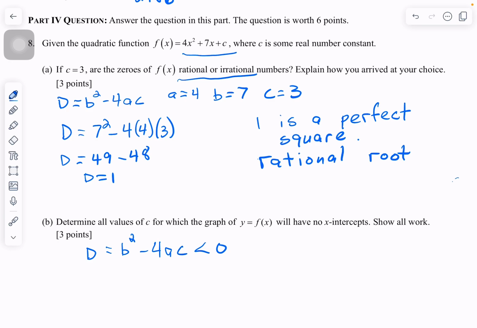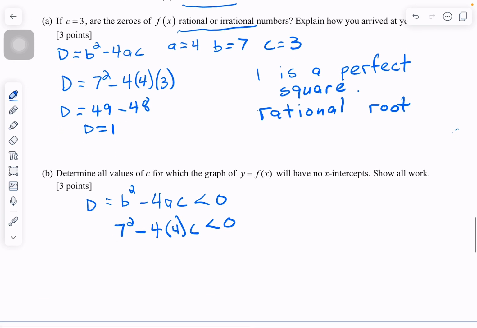So let's put in what we know. We know that b is 7 squared, right? a is 4, and c is what we're looking for. All right, so this becomes 49 minus 16c is less than 0.